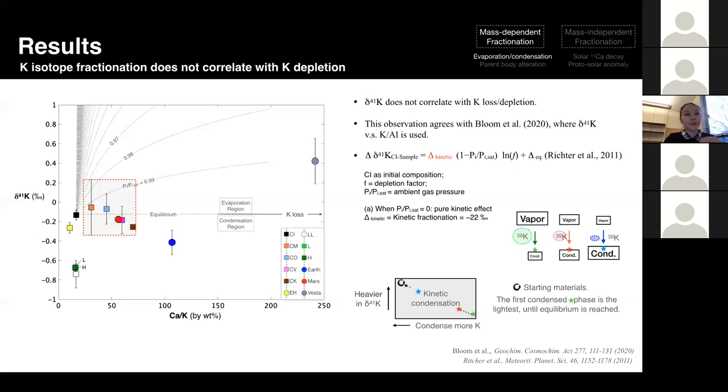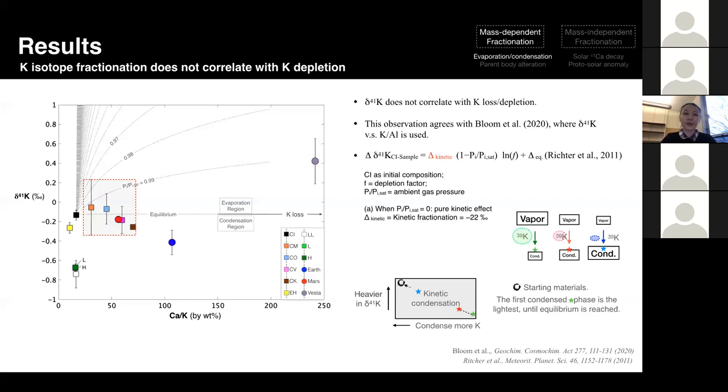So some people might argue that there's a trend that is the same as the little gray box showing. However, this trend will require the starting material to be CM chondrite instead of CI chondrite. If that's true, then certainly more work needs to be done to explain why the starting material is CM meteorite.